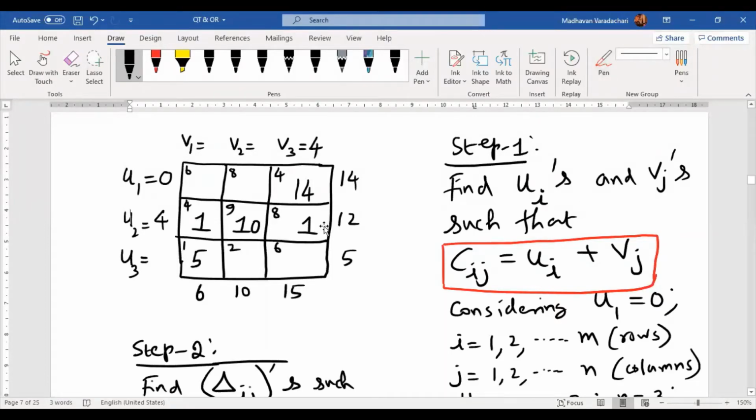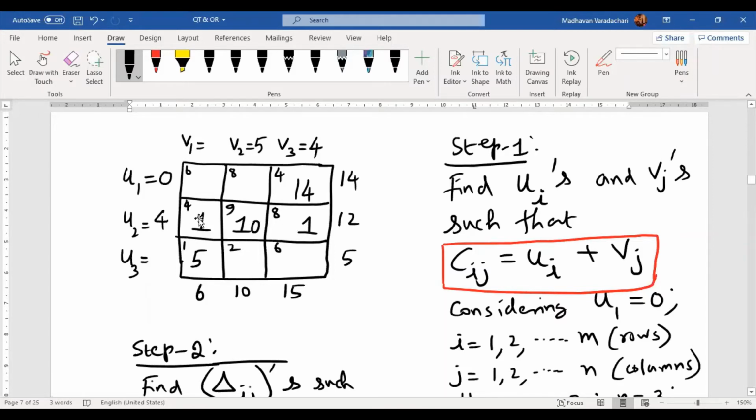Now, I have this allocation, right? In this allocated cell, the cost is 9. 4 plus something, I should get 9. What is that something then? 5. Very good. There are no allocations here and here. So let us move on like this only.